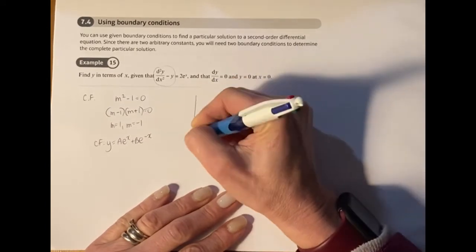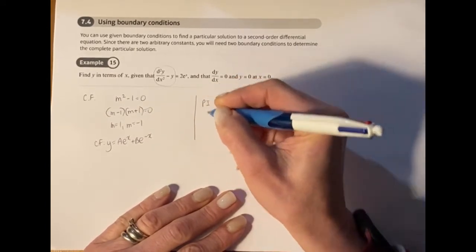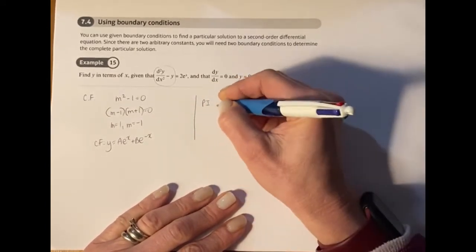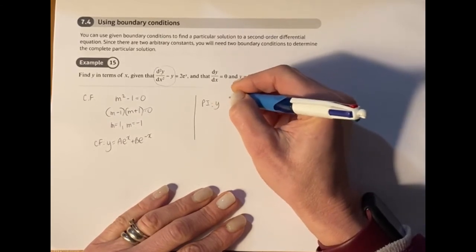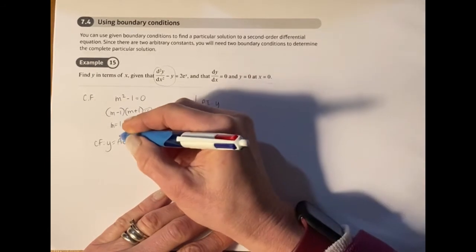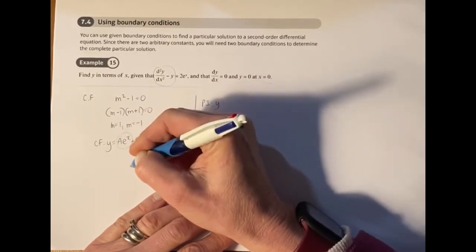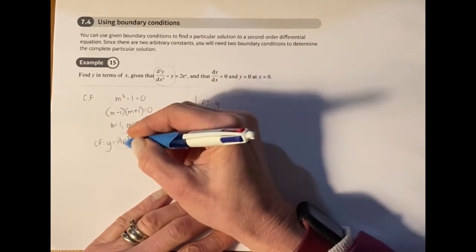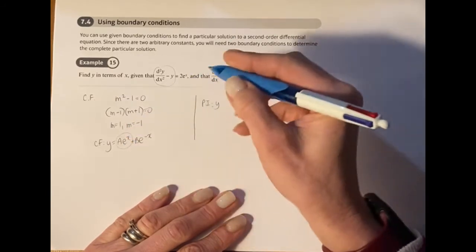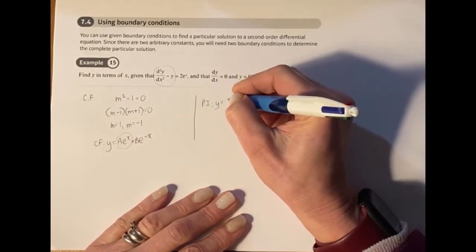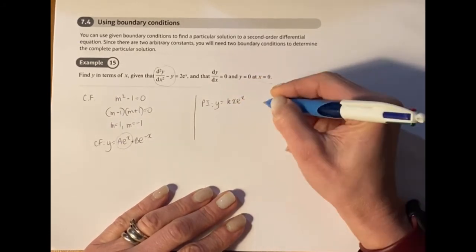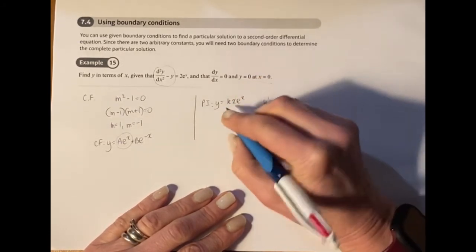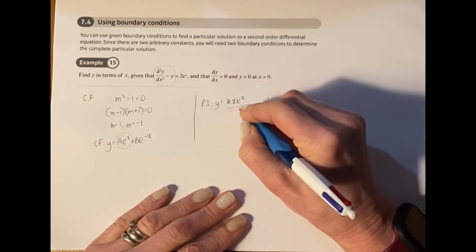We're going to look for the particular integral. Now, the particular integral here, you would let y equals k e to the power of x. But because you have got e to the power of x being part of the complementary function, we're going to try kx e to the power of x. So let's differentiate it once. So that's going to be u, and that's v.